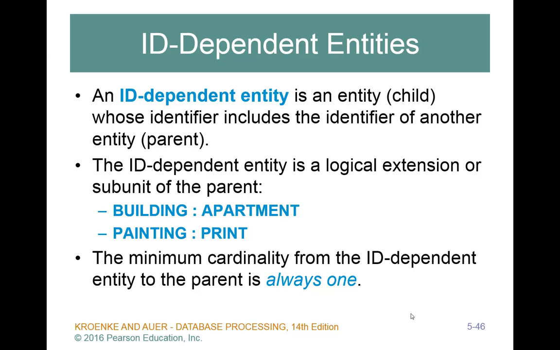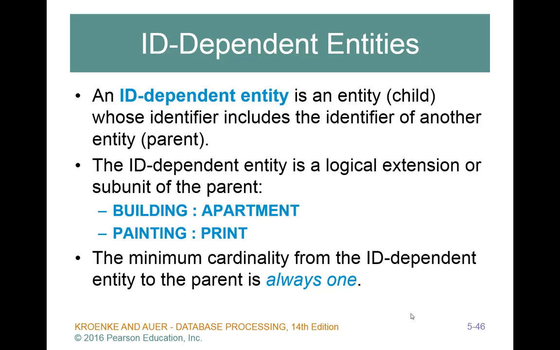However, a weak entity is defined as an entity whose existence depends on the presence of another entity. Okay? ER modeling includes a special type of weak entity, which is called ID-dependent entities. An ID-dependent entity is an entity whose identifier includes the identifier of another entity.